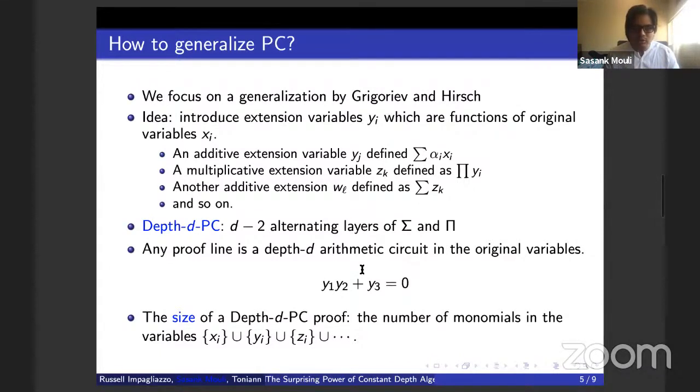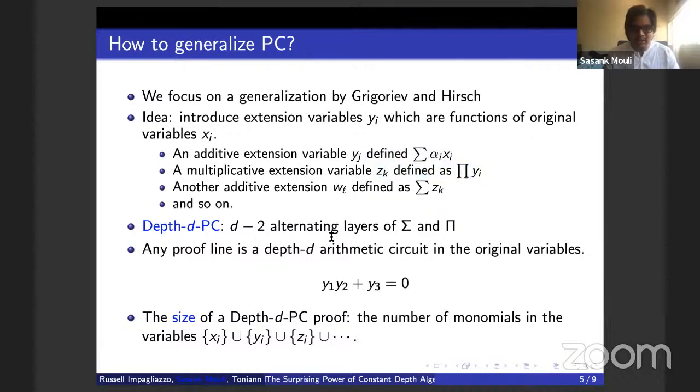We focus on one particular generalization by Grigoriev and Hirsch, which is to introduce extension variables that are functions of the original variables. Say we can define an extension which is a linear combination of the original variables, and then another extension on top of it which is a product of these variables, and so on.